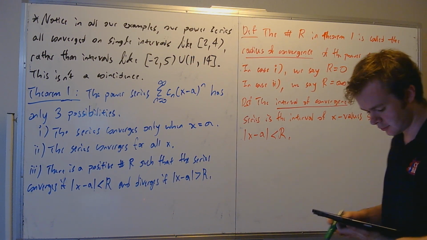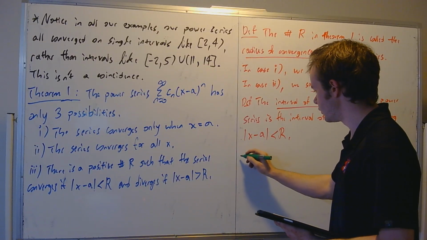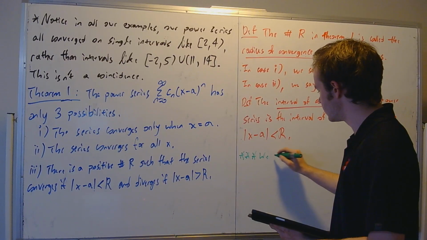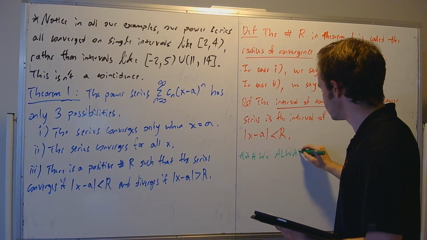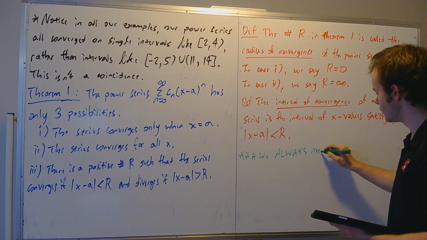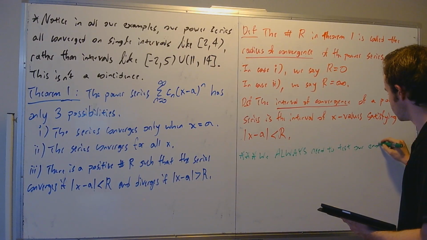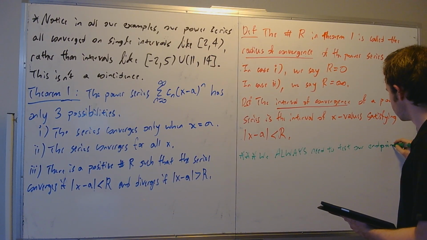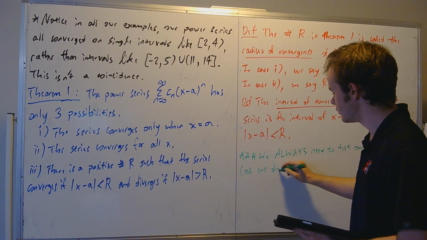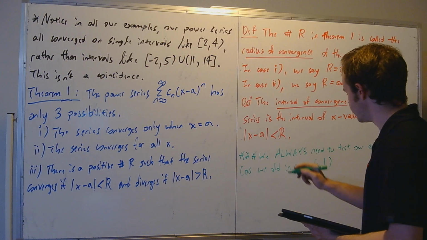And one last thing that I'll note, and this is very important, so I'll put 3 asterisks next to it. We'll say we always need to test our endpoints as we did in example 1.